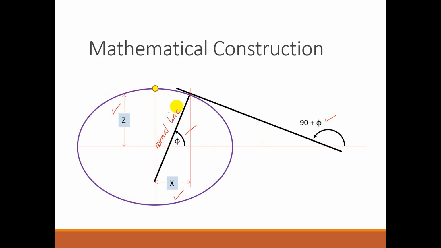This normal line will intersect the minor axis at some point here, and this normal line has its normal plane that will create the normal section.